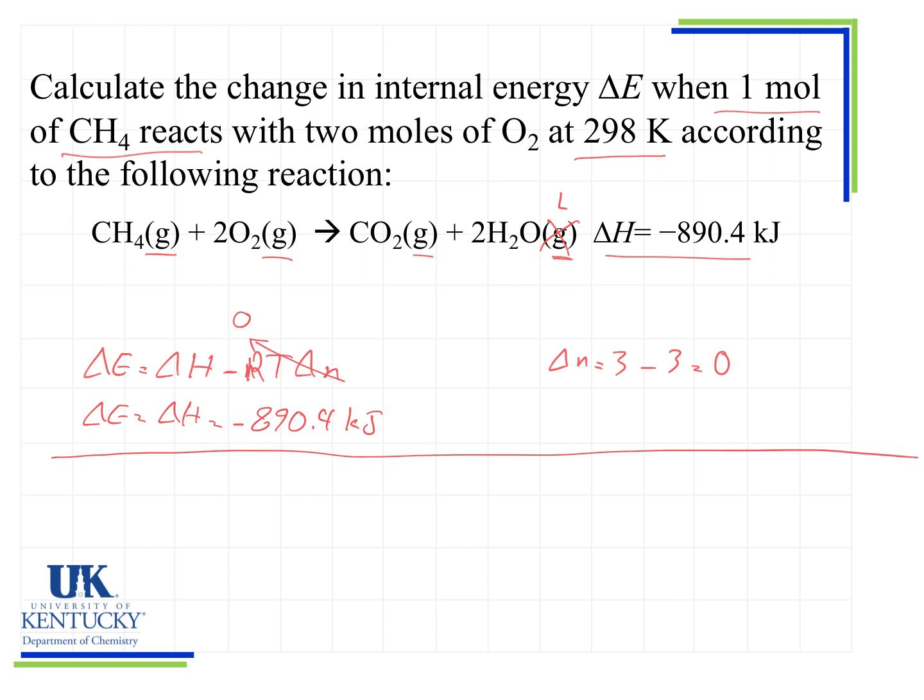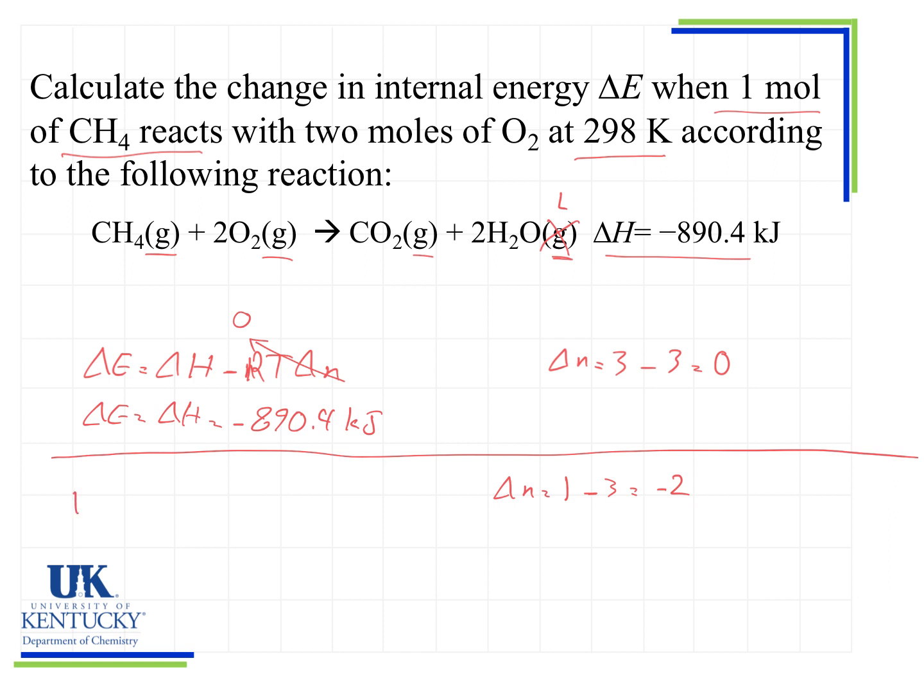We have to find the delta N again. How many moles of gas do we have in the product side? Well, water is now liquid. We only have CO2, so there's only 1, minus the initial state, the reactants. How many gas moles do we have in the reactant? We have 3. So now delta N is negative 2.